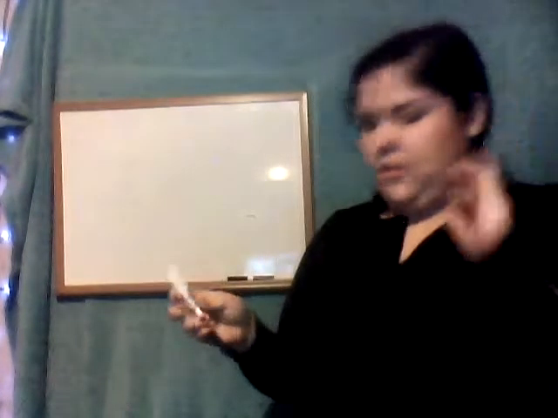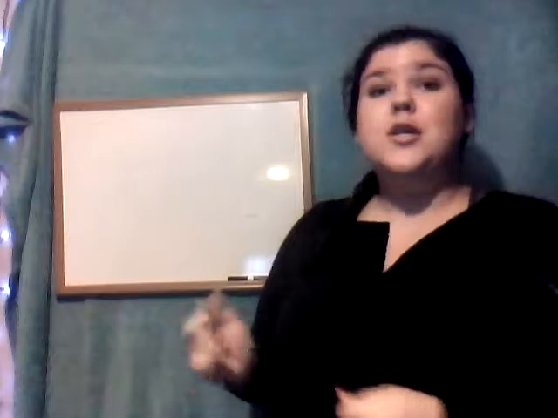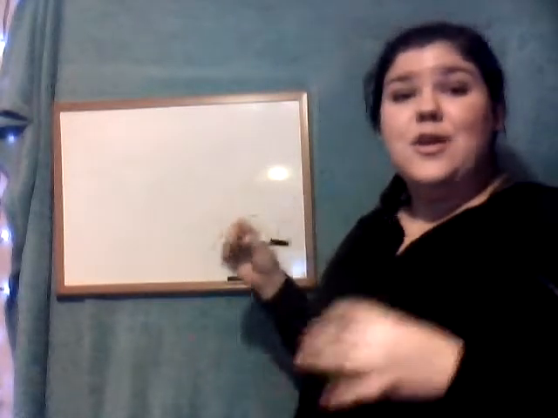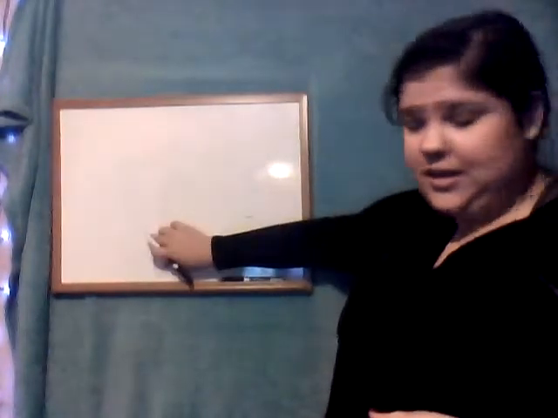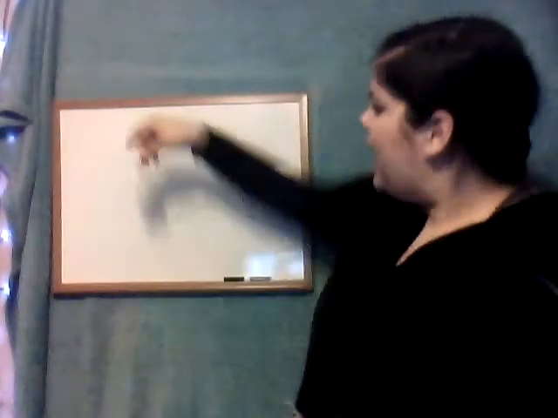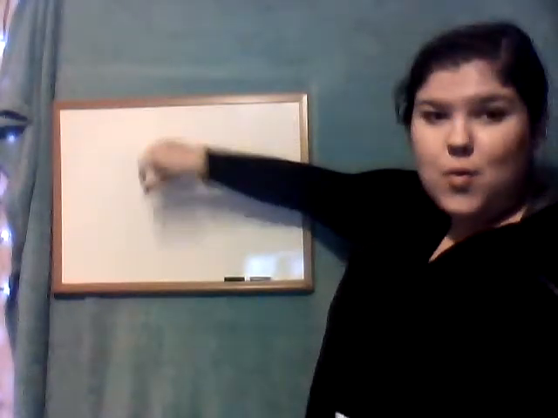What are some other ways we do addition problems? Yes. Drawing pictures. Exactly. Now you can use pictures and do your equations vertically. For example, I have 2 orange kitties.